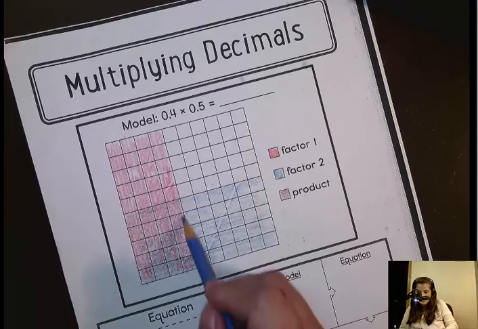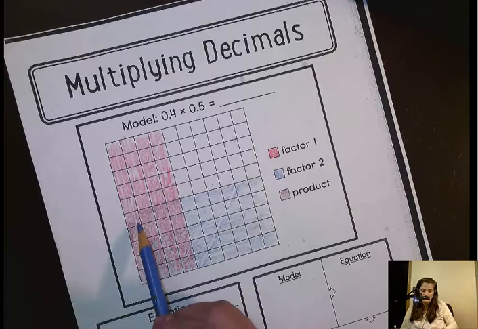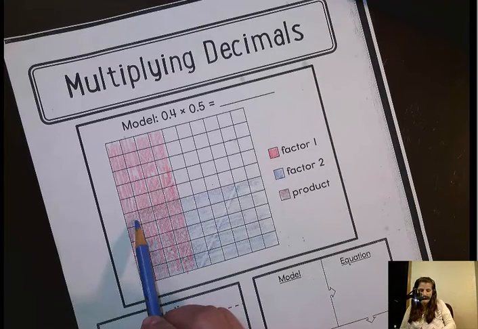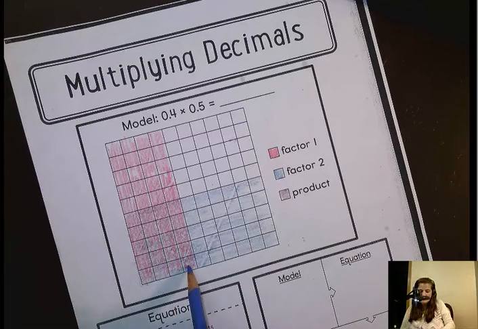So let's go ahead and just count those boxes, how many have the red and the blue over here in the corner. There are 1, 2, 3, 4, 5, 6, 7, 8, 9, 10, 11, 12, 13, 14, 15, 16, 17, 18, 19, 20.